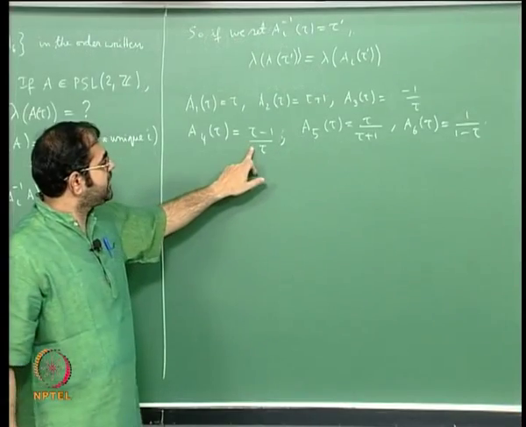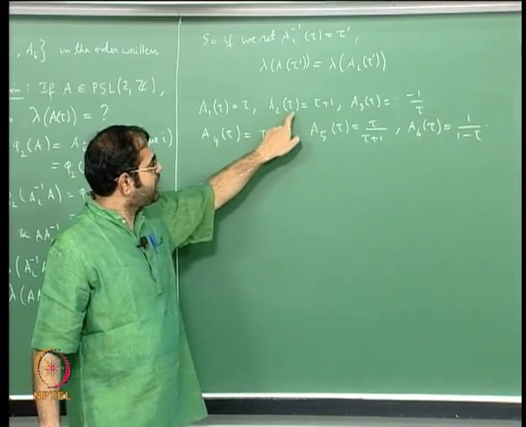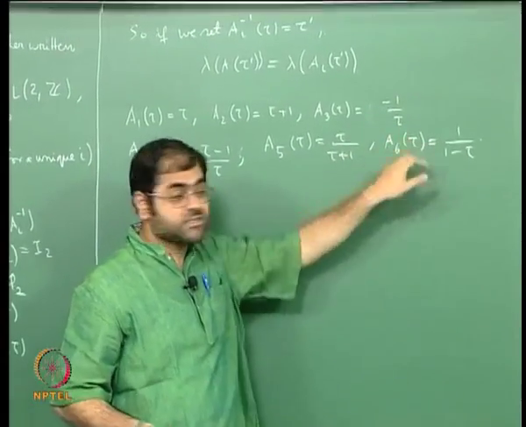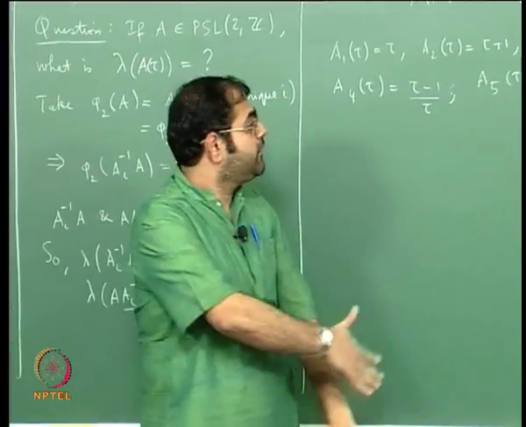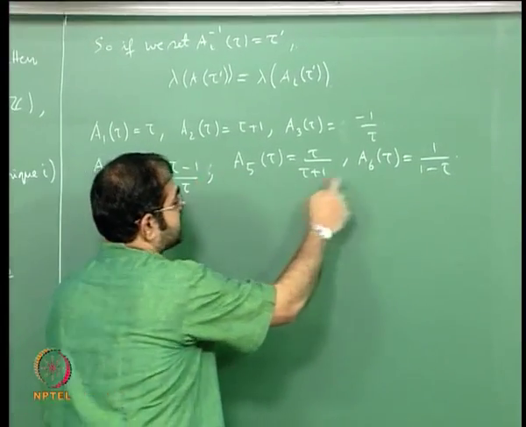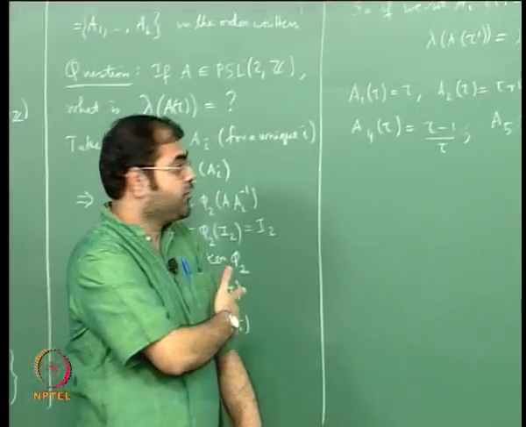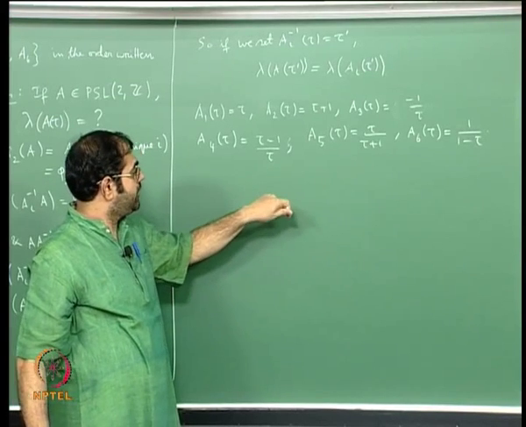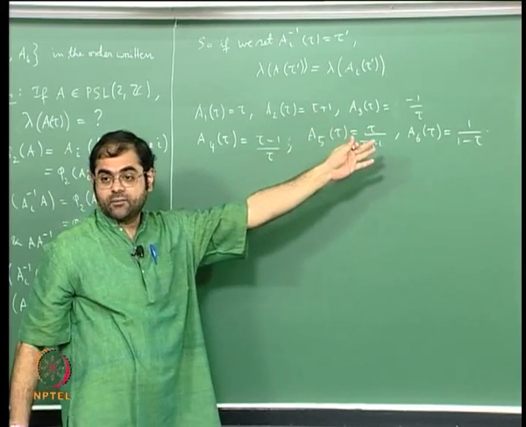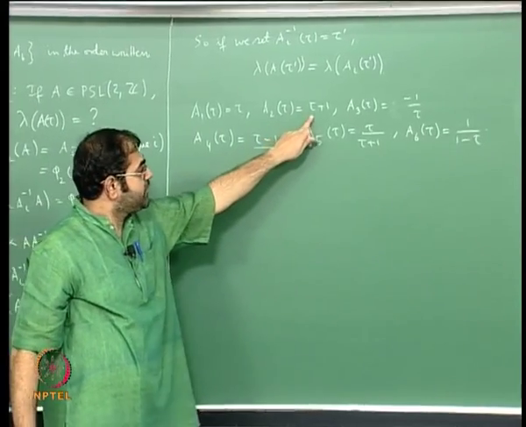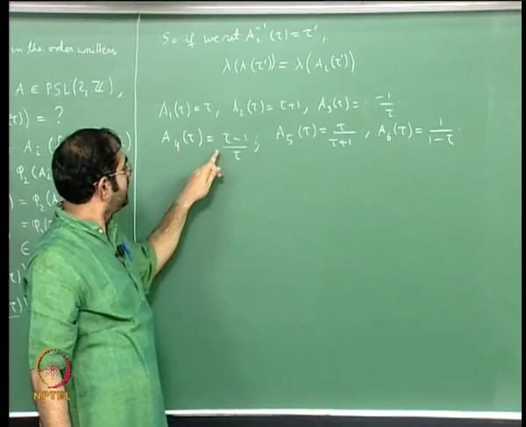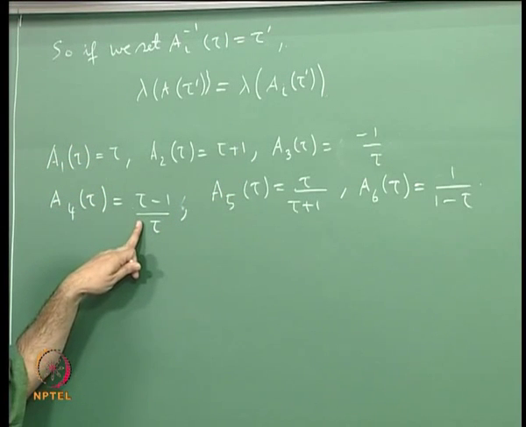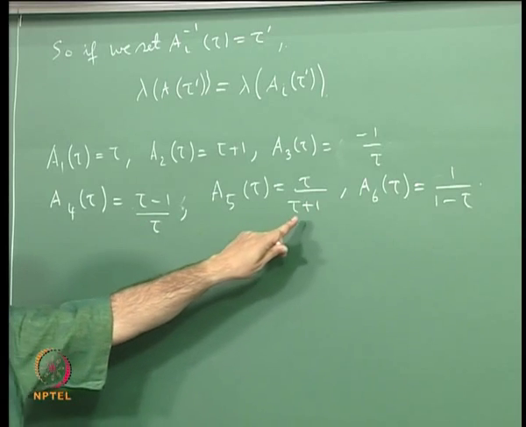There is something that I want you to notice. If tau is in the upper half plane, then minus 1 by tau is as well. Similarly, you can verify that all these are certainly in the upper half plane. Obviously if tau is in the upper half plane, tau plus 1 is, and minus 1 by tau is, so 1 minus 1 by tau, which is the translate of minus 1 by tau by 1, is also there, and so on.